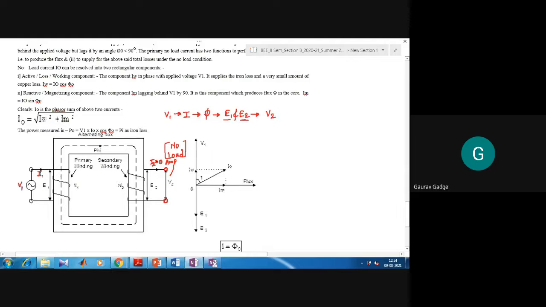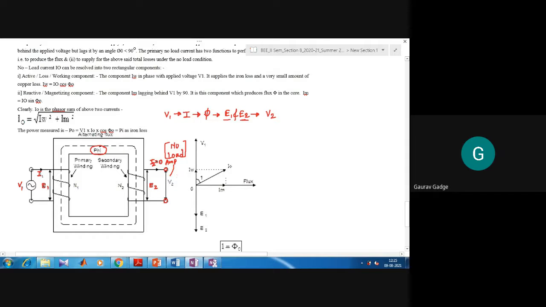So you are giving supply voltage on the primary side, current starts passing through the primary, and the flux phi gets developed. That induces EMF E1 on the primary and EMF E2 on the secondary.